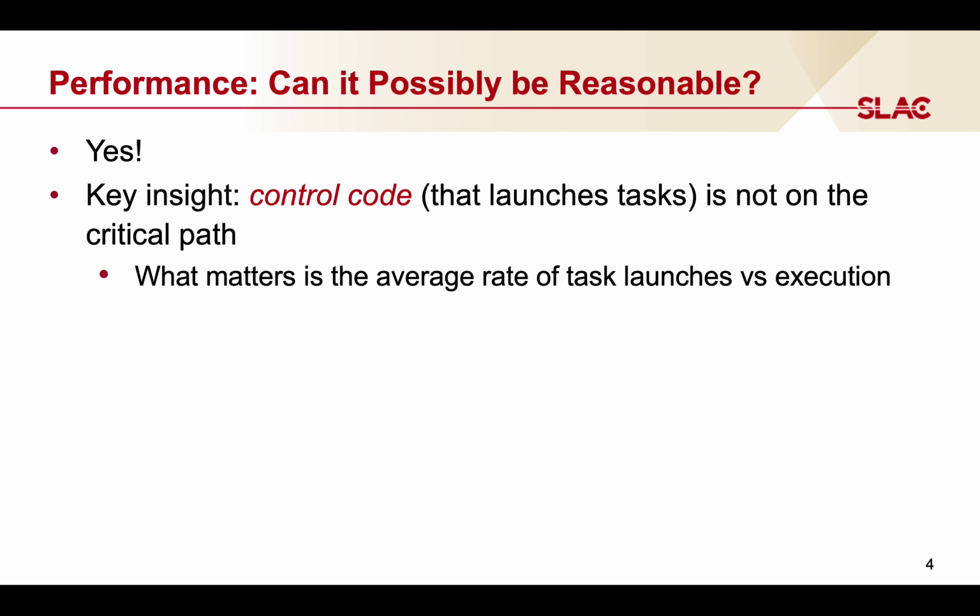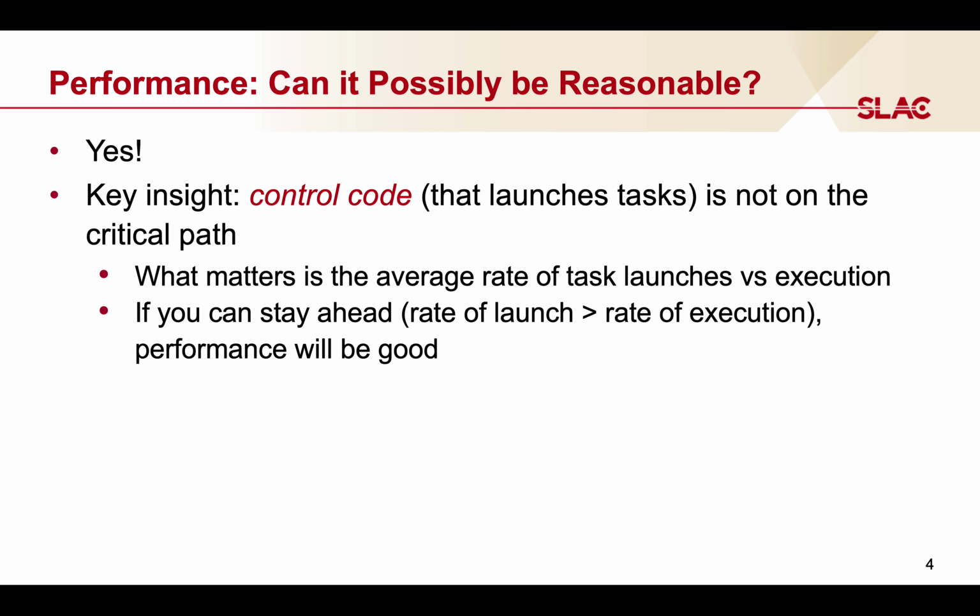And what that means is that what really matters for performance is the average rate that you're executing tasks. So as long as you can stay ahead of the execution, so as long as the rate that you are launching tasks is greater than the rate that those tasks are executing, then performance will be good.